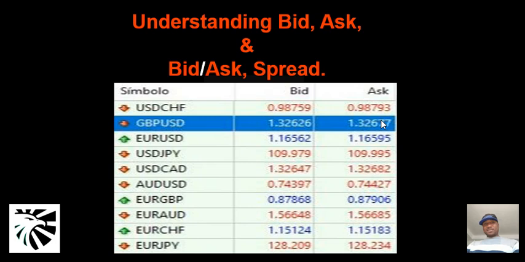So if you say ask minus bid, 7 minus 2, you have 5. But as we go further in this video, I will explain clearly and you will see how the broker makes their commission or profit.